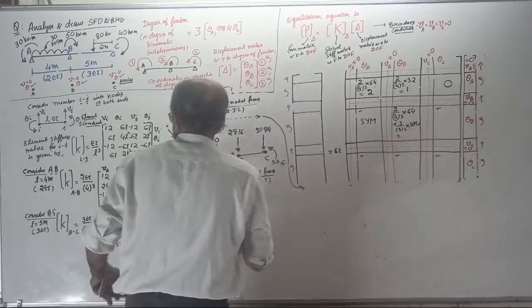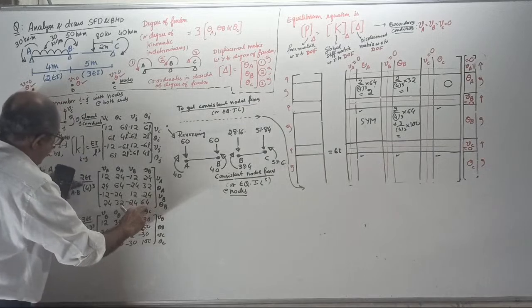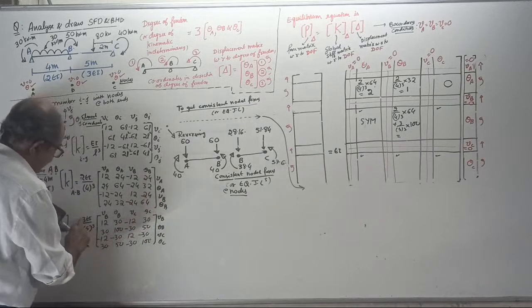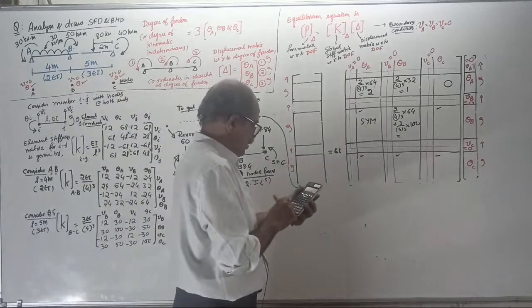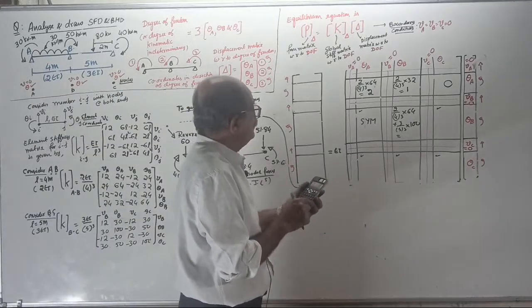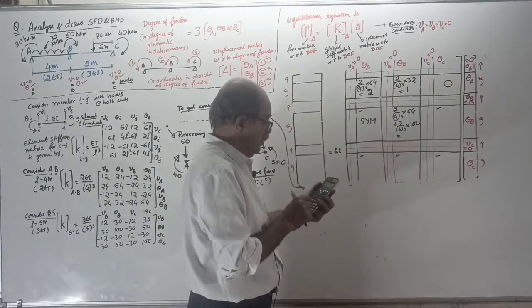That is 2 by 64 into 64 plus 3 by 125 into 100.